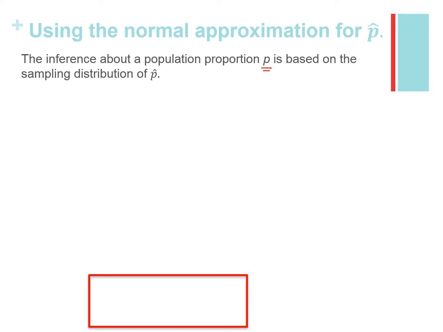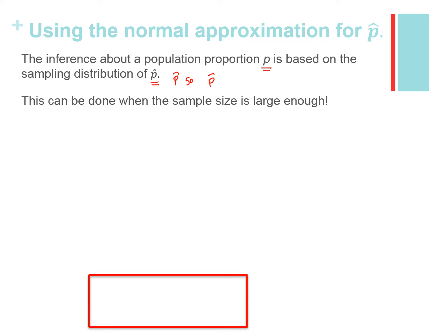So we want to make inference about a population proportion p. That inference is based off the sampling distribution of p hat. This can be done when the sample size is large enough, and I'm talking about the sample size of each p hat. So if I'm taking a p hat of 50 or a p hat of 100 or a p hat of 75, that's what I mean by sample size.